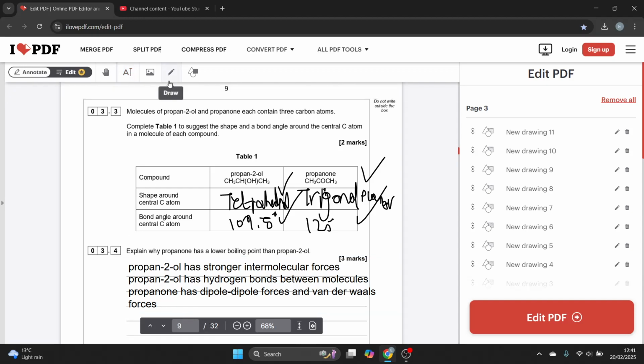So propan-2-ol has strong intermolecular forces, hydrogen bonds between molecules, whereas propanone has dipole forces and van der Waals forces.